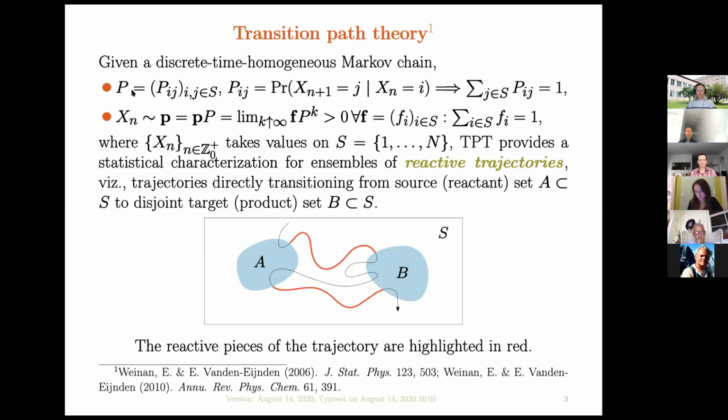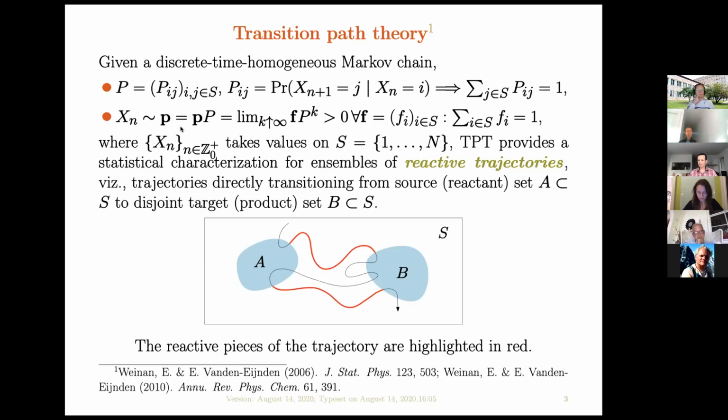In order for that distribution to exist, I need to make some assumptions on P: irreducibility, meaning that starting from any state of the chain, every state is visited, and aperiodicity, meaning that no state is visited cyclically.